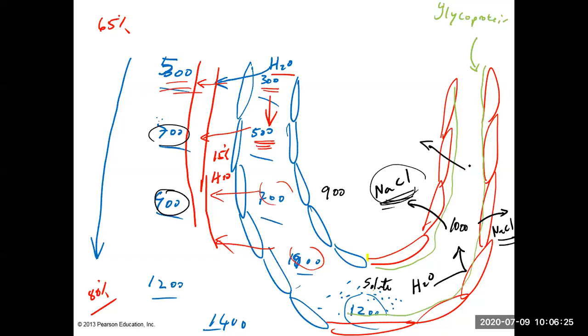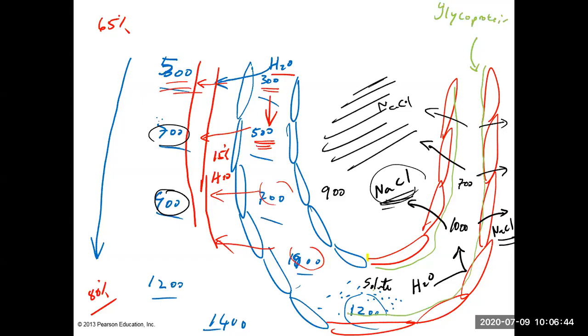More sodium chloride gets reabsorbed and goes out. Not all of it gets reabsorbed, but the number goes down, 700. And again, more sodium chloride. So as sodium chloride goes out to make the higher solute concentration outside, these numbers reduce, setting the stage for the next part, the distal convoluted tubule.